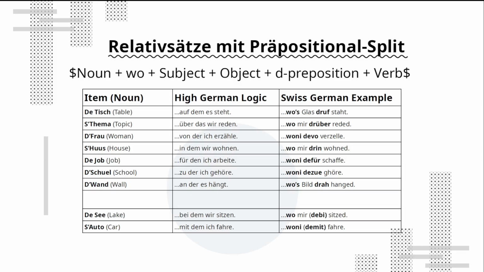So let's get through them. So der Tisch, the table, auf dem es steht, on which it's resting or standing. In Swiss German, wo's Glas drauf steht. Then das Thema, the topic, über das wir reden, wo mir drüber redet.